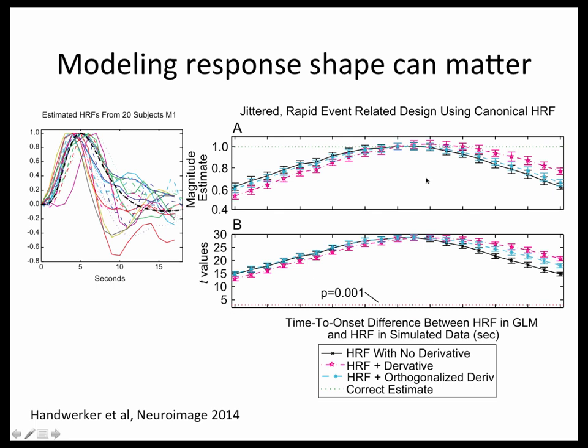But there's a second step of it, which shows what this means. If you're trying to take these magnitude estimates into a second level analysis, you can see if your peak is a second off, you're adding about 10% noise to your second level analysis. So anything you do to get a better estimate in your individual subjects is going to remove a lot of noise in your higher level group analyses.